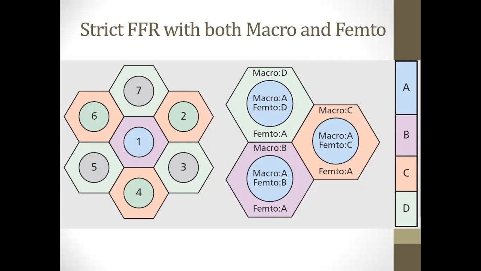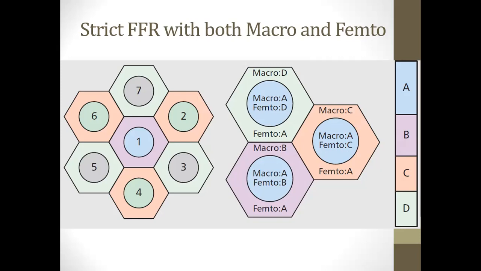For the users who are close, you are using FRF1, and for cell edge users, you are using FRF3. It's a mixture of 1 and 3. So that's how overall FRF will be a little better than 3.